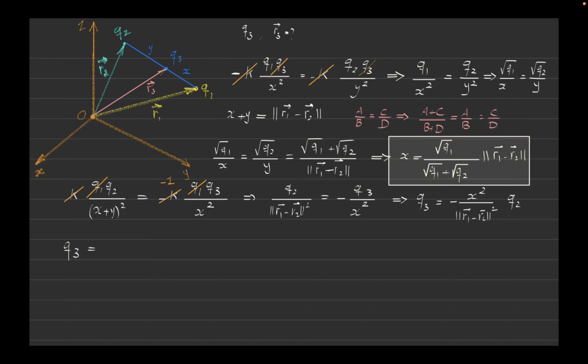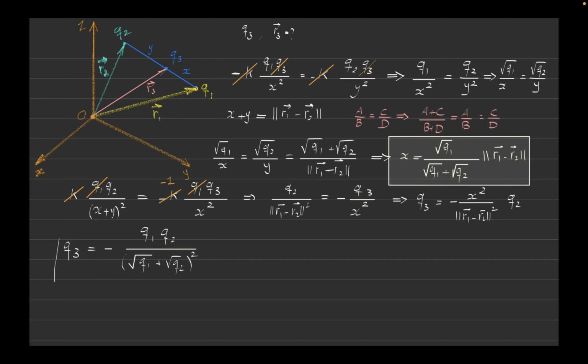Okay, so I have to raise this x to power 2. This will give me q1. This will give me this one squared, and this will give me this one squared. But because of this division, this will be gone. So it becomes q1. So q3 becomes minus q1 q2 divided by square root of q1 plus square root of q2 to the power of 2.